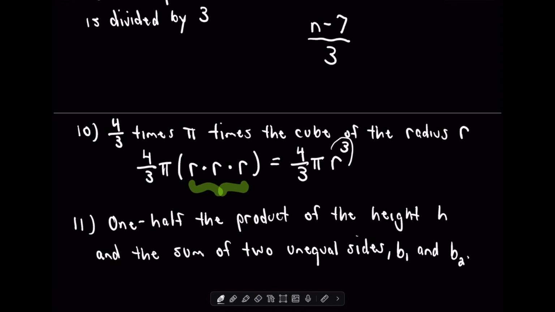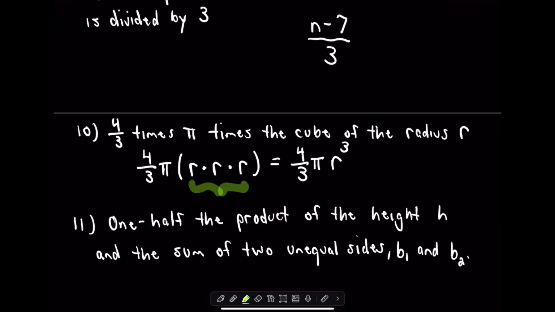And what this notation means is I have this variable r multiplied by itself 3 times. So r times r times r is the same thing as r raised to the power of 3. And notice the only thing being raised to that power of 3 is the r. It's not the pi, and it's not the 4/3. That exponent only applies to the variable r.